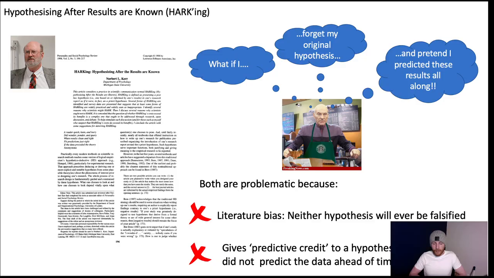Essentially, this is what it is to pretend that your theory predicted a result that it did not. You're giving credit to a theory for being good and accurate when it's not good and accurate. Even if you do something like drop outcomes, so you drop dependent variables, which is one of the QRPs we discussed last week. Let's say only one of the 3 dependent variables was significant, so you drop the other 2.